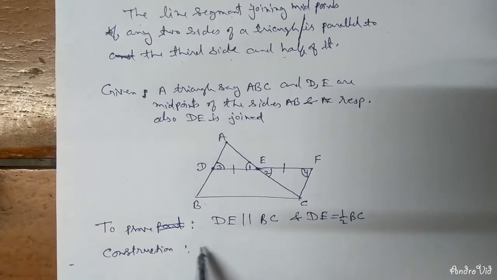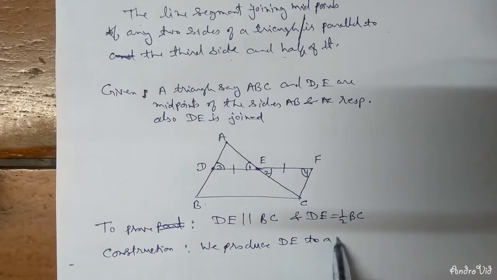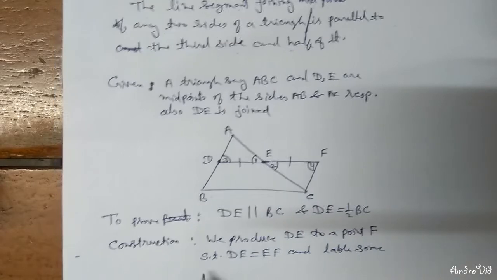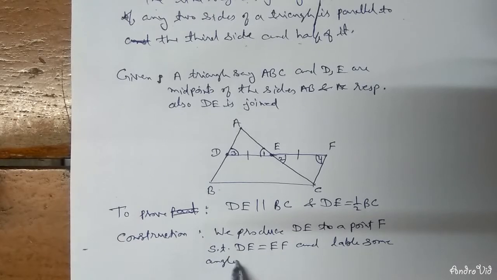In construction part, we will write we produce DE to a point F such that DE is equal to EF, and label some angles as shown in figure.